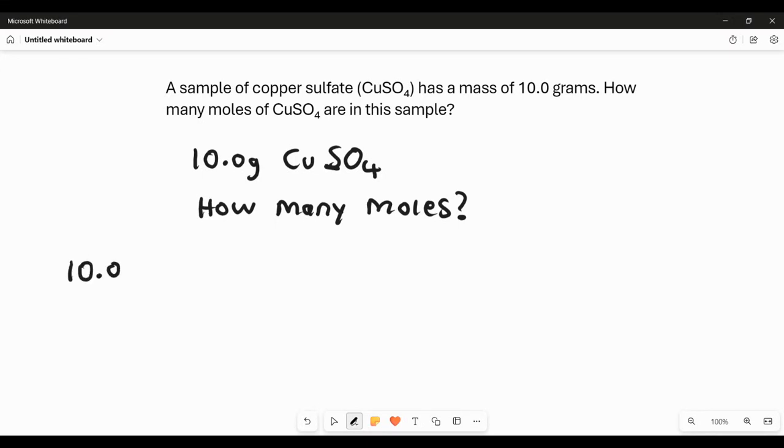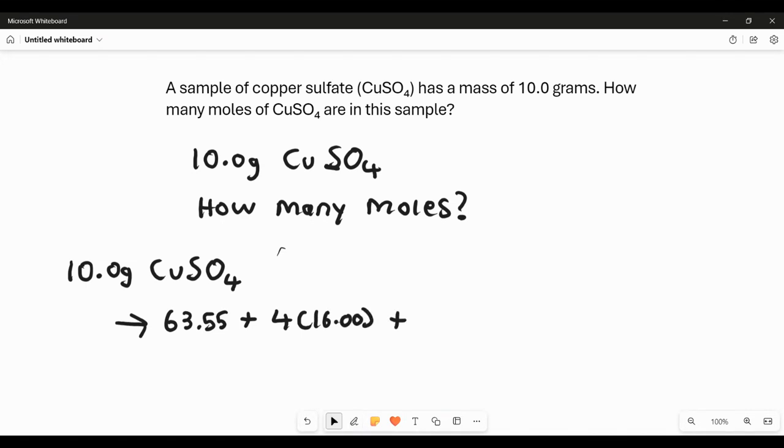So 10.0 grams of CuSO4. Now we need to find how many grams of copper sulfate there are per mole of this compound. So we can go to the periodic table and we can find that the molar mass of copper would be 63.55 plus 4 times 16.00 for the oxygen plus the molar mass of sulfur, which is 32.06.